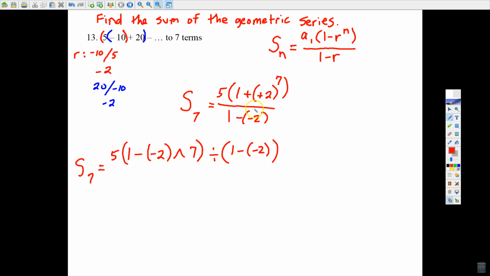And that is incorrect. You have just violated the order of operations if you do that. Because order of operations says before you can do subtraction, you need to first do powers. And if you change these both to plus, in essence, you have done subtraction before you've done power.